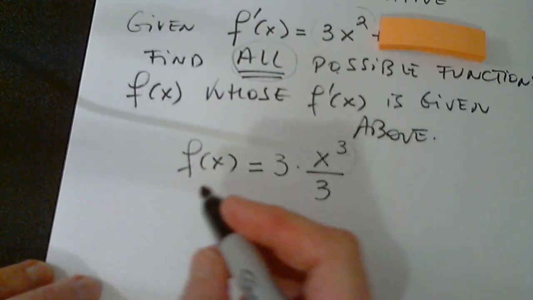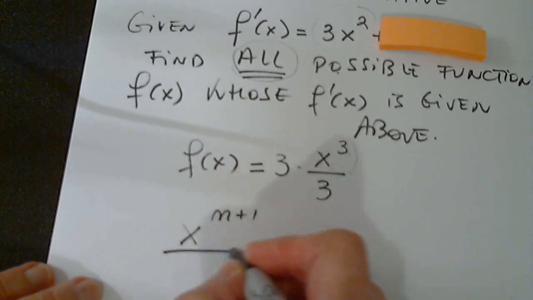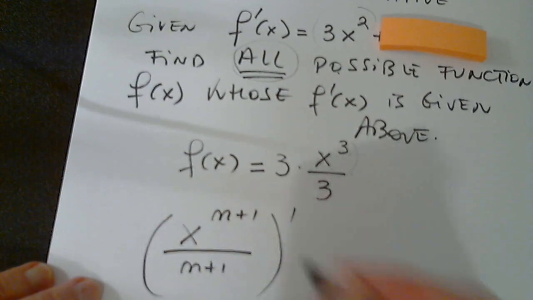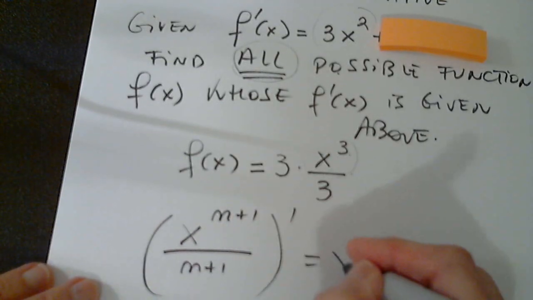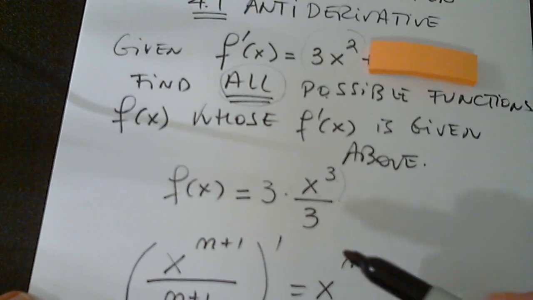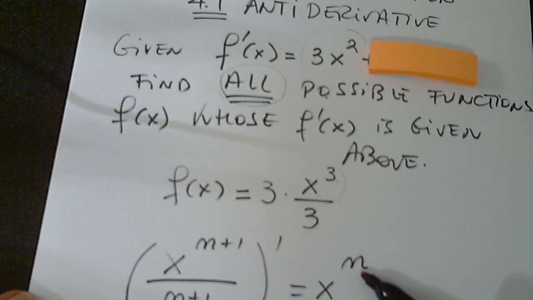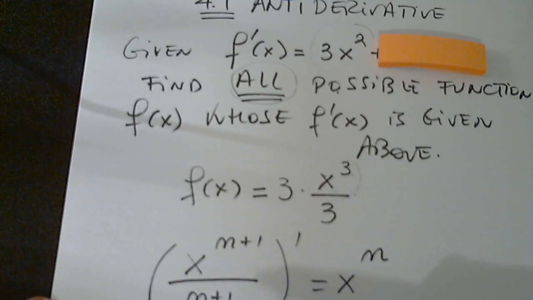So when I differentiate x to the n plus 1 over n plus 1, I bring down n plus 1, I simplify n plus 1 with n plus 1, and I subtract 1 from the power. And this is the procedure we just applied here. I increase the power by 1, and I divide by the result.